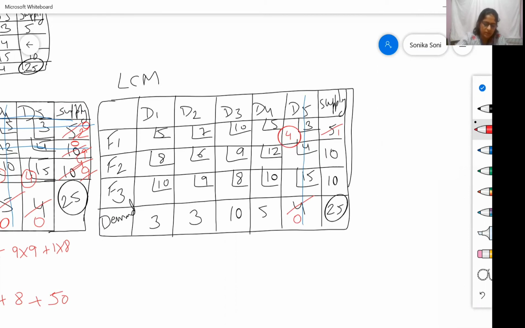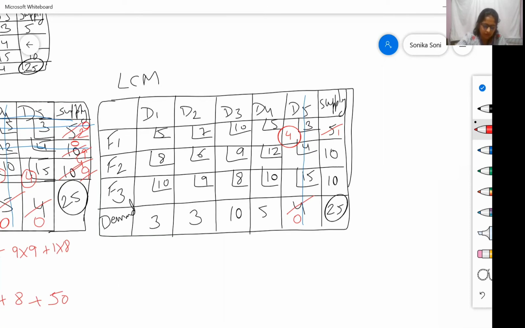Now, which is the next lowest cost? We have 5 as the next lowest cost. Which one will we allocate?